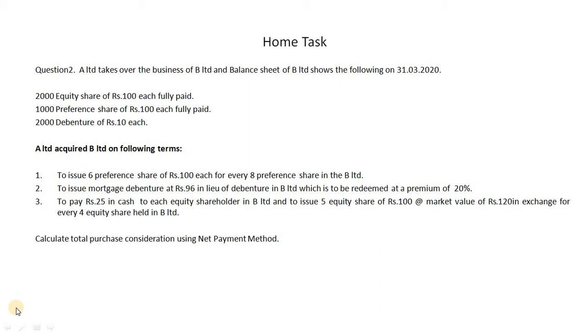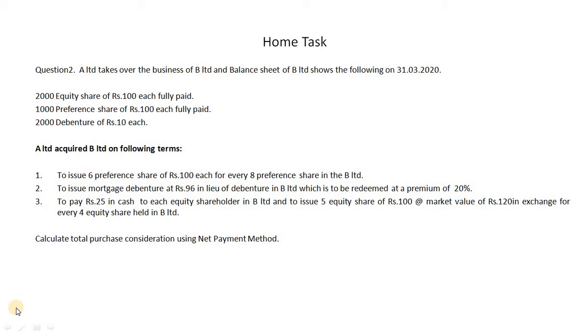Question number 2, here we have to calculate purchase consideration using net payment method. Okay, so what is net payment method? Under this method we have to calculate shares or any other forms of payments made to the shareholder of the transferor company.